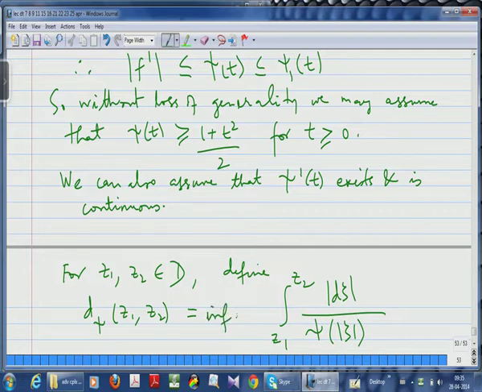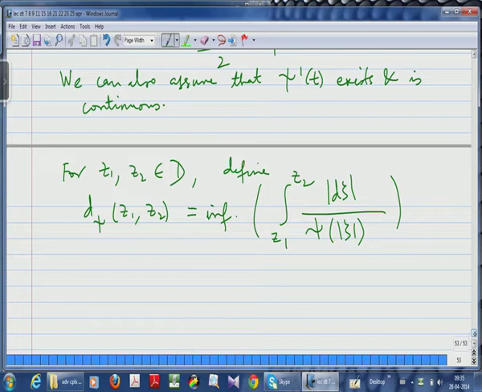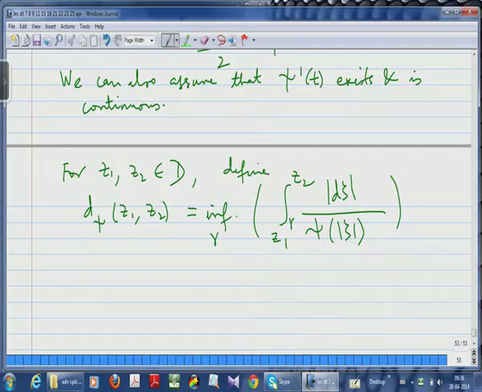So this integral is over gamma, with the infimum over all gamma, where gamma is a smooth or piecewise smooth path from Z1 to Z2. You take all possible paths, contours from Z1 to Z2, and integrate this quantity mod d zeta by psi of mod zeta along them.